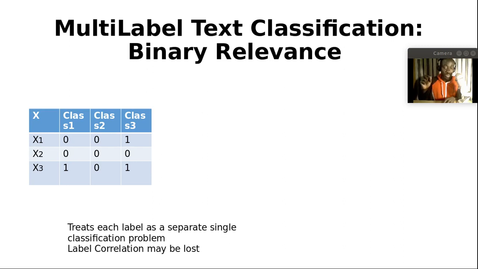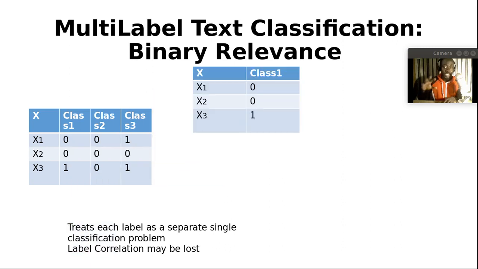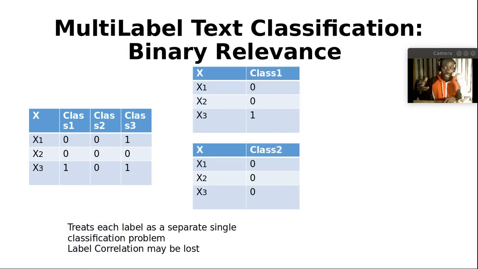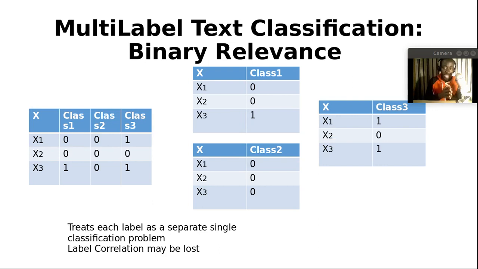So I'll treat each label as a separate single classification problem. I'll pick one, train it, then pick another one, train it, and pick another class. So we are treating it as a single classification problem. The disadvantage of this is that if there is a correlation between the labels, it may be lost. So that is the first one, binary relevance.